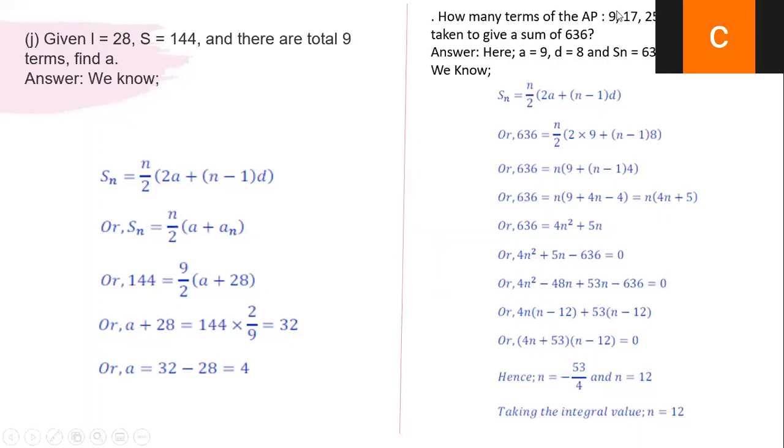How many terms of the AP 9, 17, 25 must be taken to give a sum of 636?